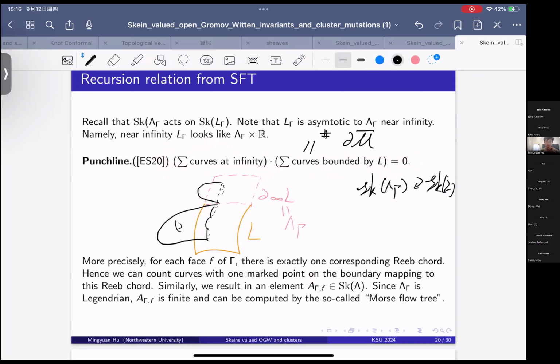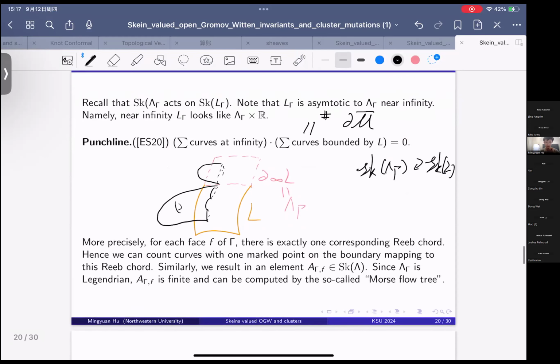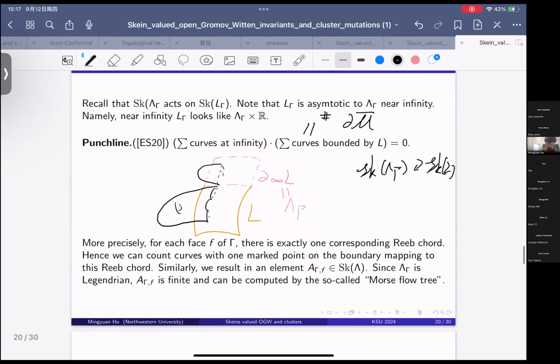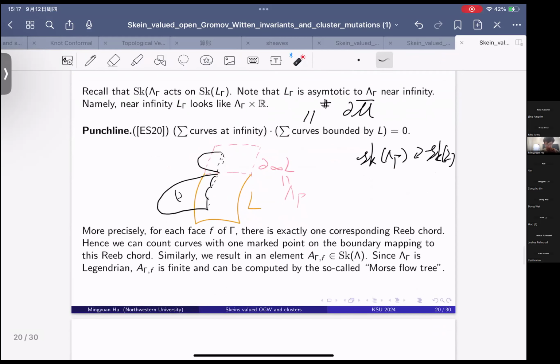Because if you expand all the terms, it's like counting the boundary of some one-dimensional moduli space. A term here actually looks like a nodal holomorphic curve with a node on its boundary, and if you count everything there, you will get a zero.